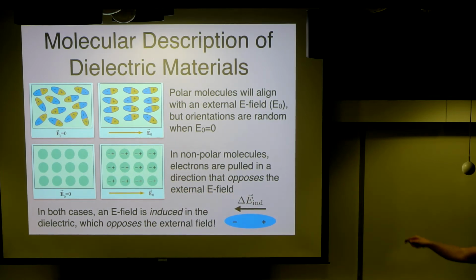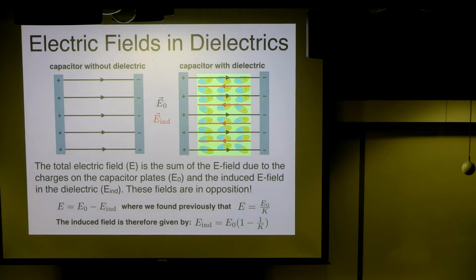So whatever the case may be, whether you're dealing with polar molecules or nonpolar molecules, you induce an E field in the material that opposes your external E field. You see how the induced E field is going against the external E field? It's an important thing to see here. Okay? And that's really at the heart of what's going on in a dielectric, is you induce this E field. So let's take a closer look at that.